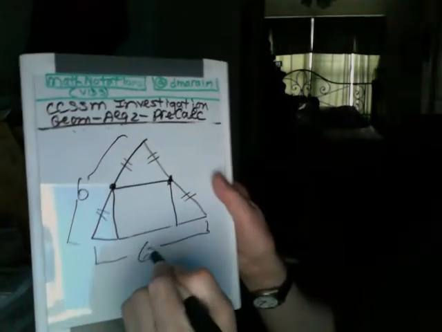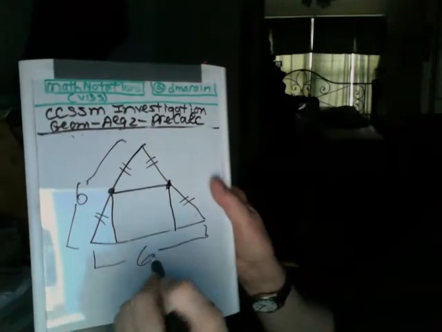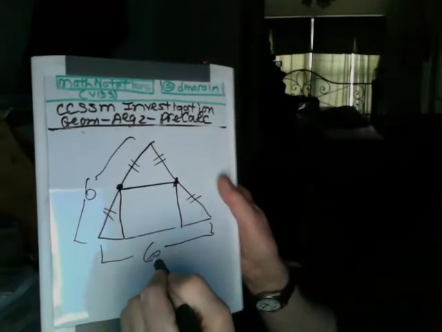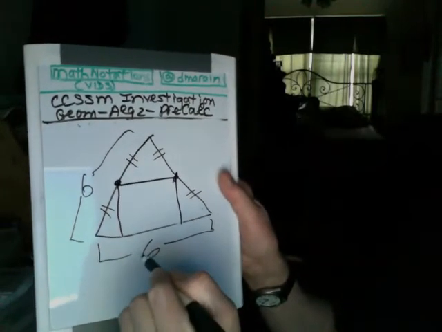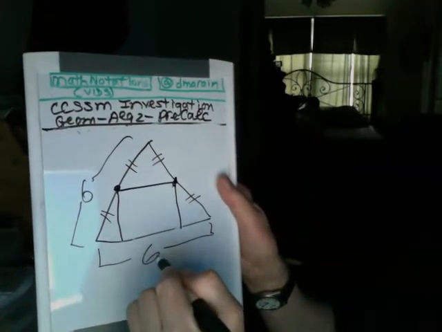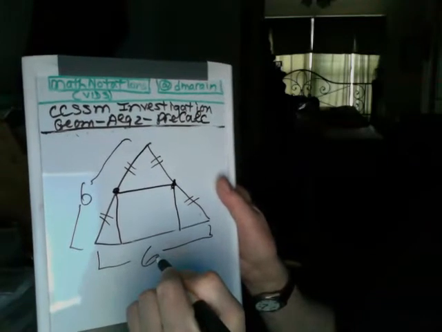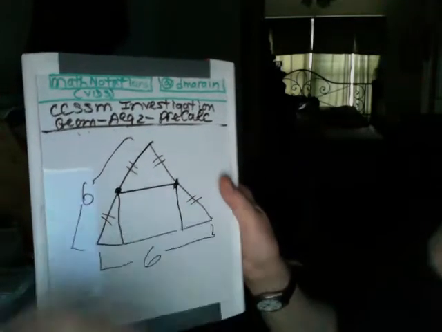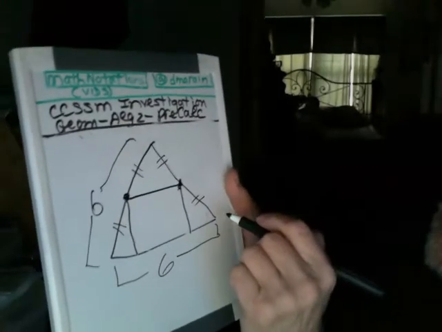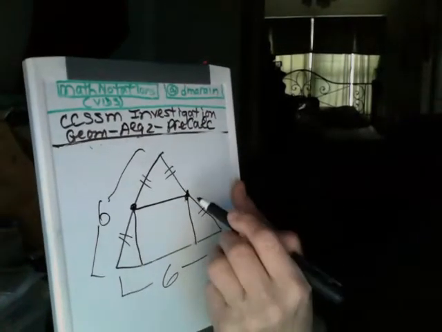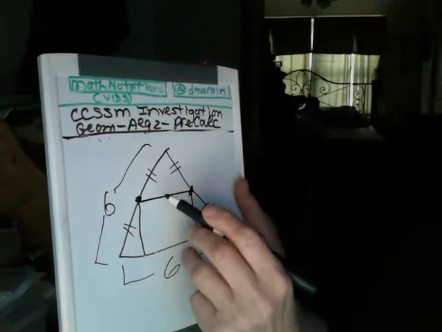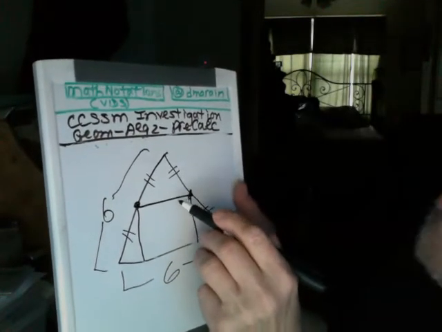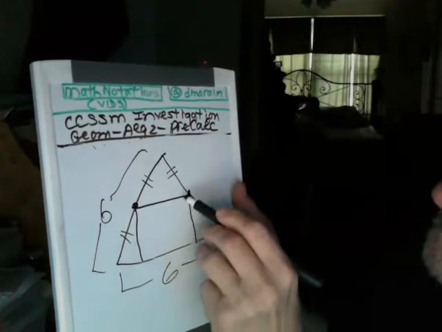We could, in general, give it a constant name like K. But since our focus is on other variables, I'm going to use 6 to simplify it somewhat. All right, so our objective right now is to find the area of this rectangle.